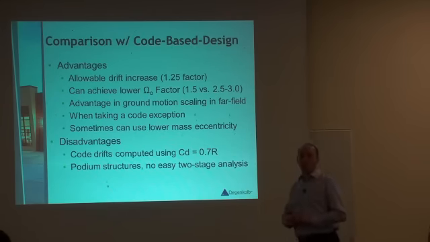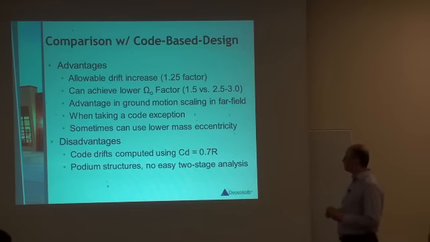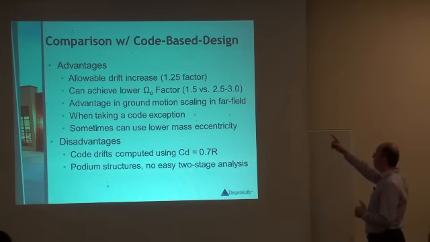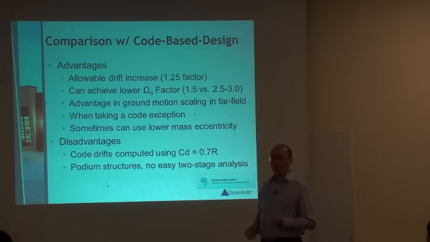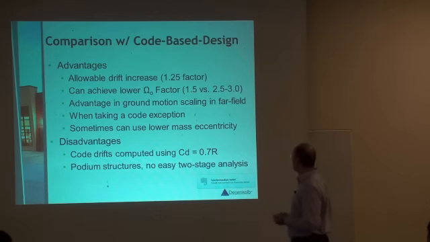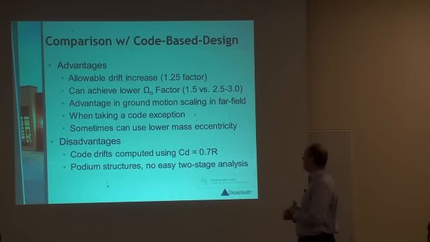The code at the moment allows you a greater limit on allowable drift if you use nonlinear analysis. So it allows you a 25% increase on drift. So that's great. You can design your building to be less stiff if you use this advanced analysis. You can use lower omega factors, which are the overstrength factors.